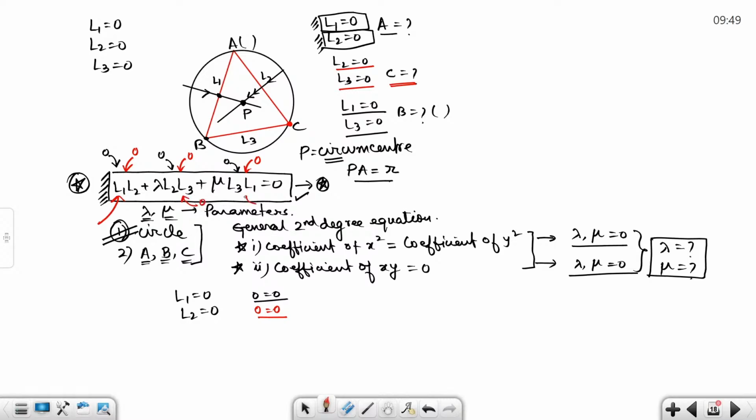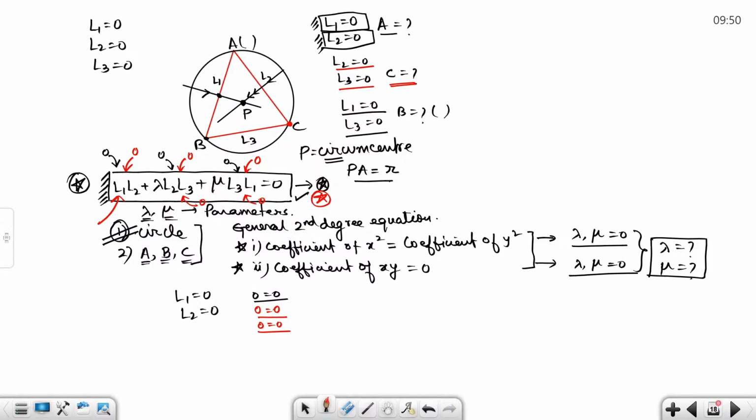And this part will again become 0, because L3 is 0. So again you are getting 0 equals to 0. It means that this circle is definitely passing through the point C. Am I correct or not? So simply by calculating lambda and mu, we will directly say that this equation is nothing but the equation of that circumcircle.